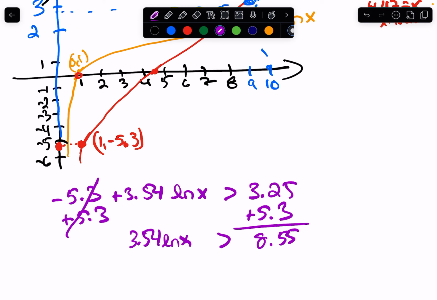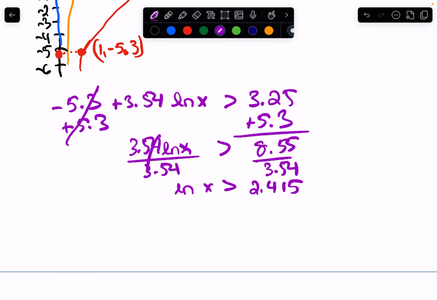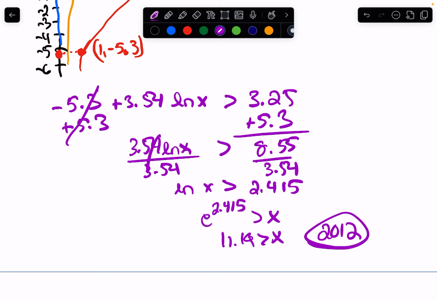We are dividing by 3.54 on both sides, and we get natural log of x is greater than 2.415. Now we can rewrite this as e to the power of 2.415 is greater than x. So 11.19 is greater than x. So the year 2012 would be the first full one.